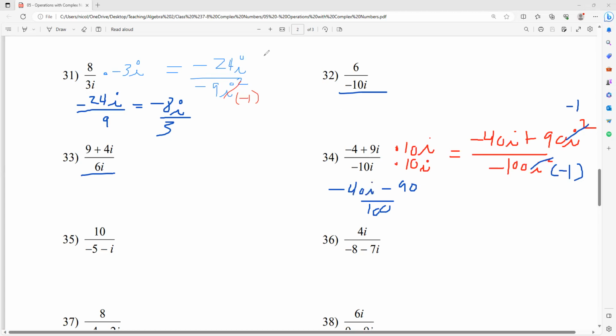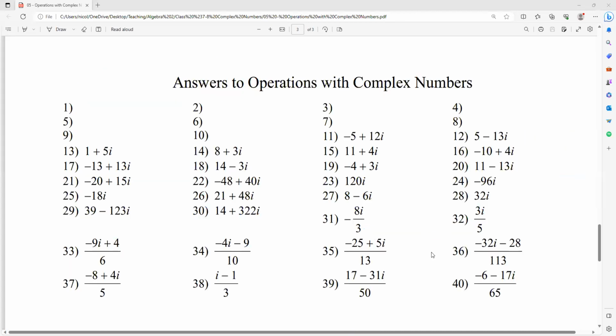And then we simplify. And you can cancel out all the zeros, right? To simplify, we know how to simplify fractions. And so then we get our answer, which is negative 4i minus 9 over 10. And that's the answer for that one. Negative 4i minus 9 over 10.